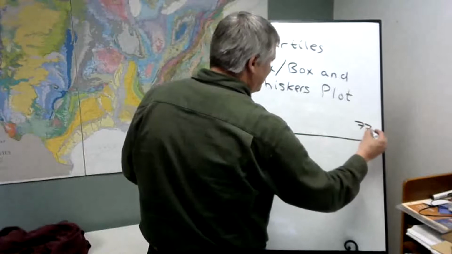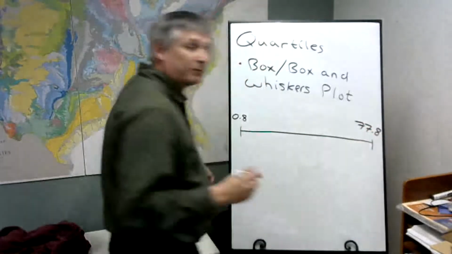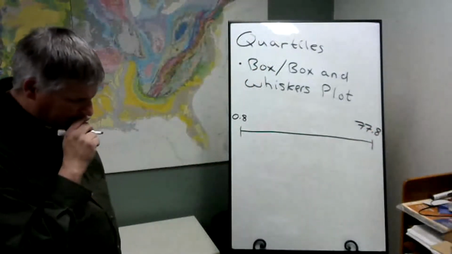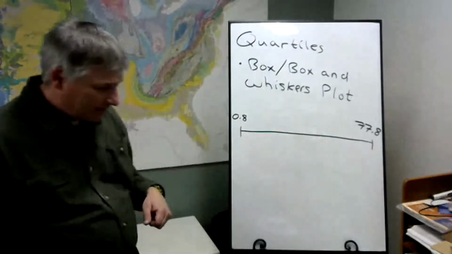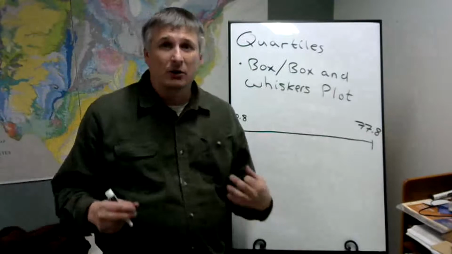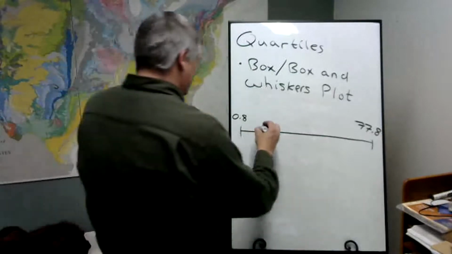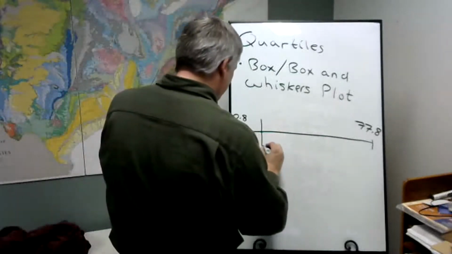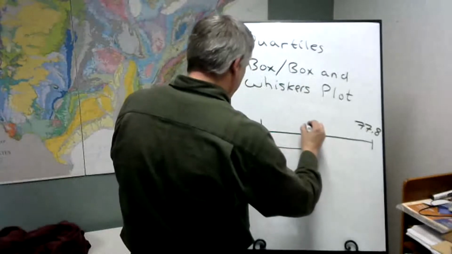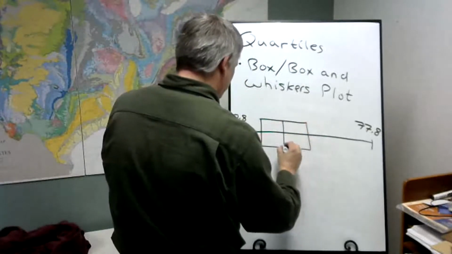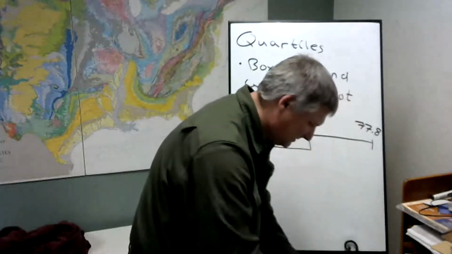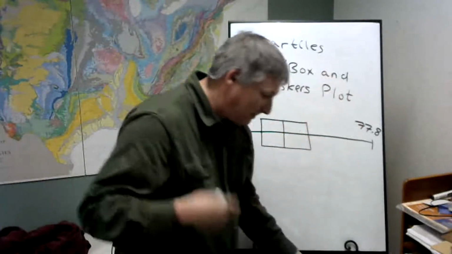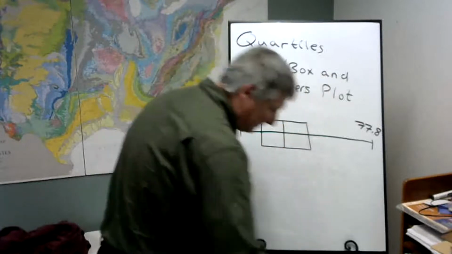And again, I'm using that data set for the Verizon data speeds. So I've got my minimum value, I've got my maximum value. Now I'm going to insert my quartiles. And that's where the box comes in. Let me take a look, make sure there's some accuracy to my picture.